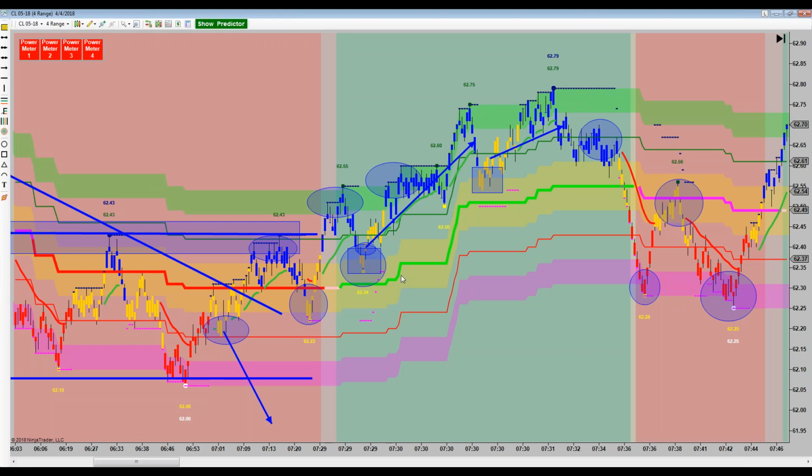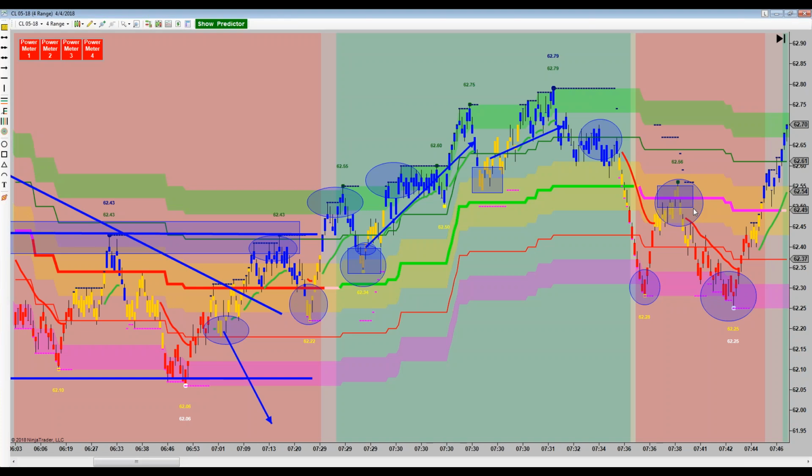A, B, C, or D? C. Right. Was that a legitimate short trade in your opinion? Could you have taken a short here? Yes. This was a short trade.